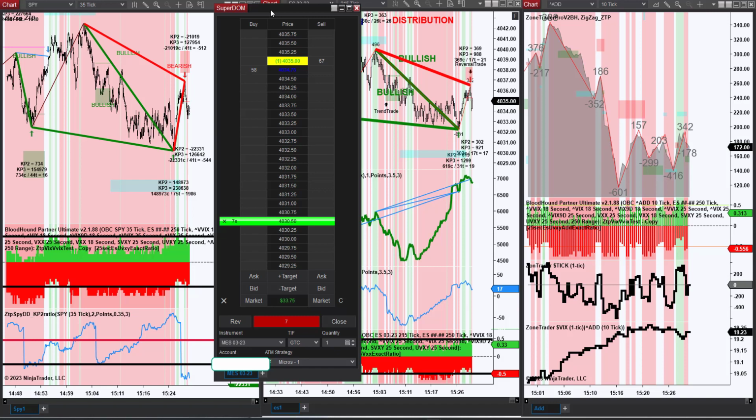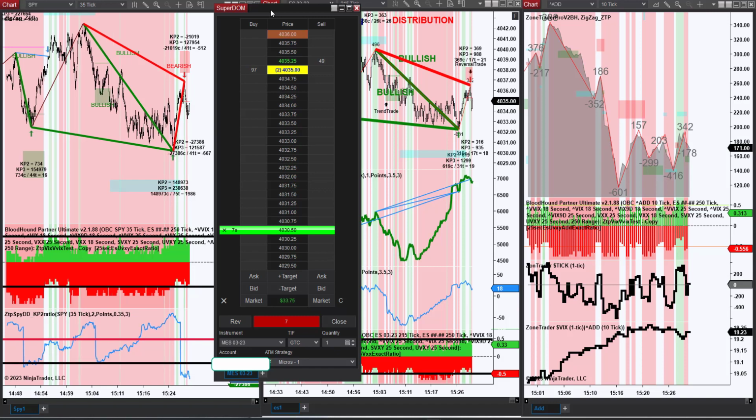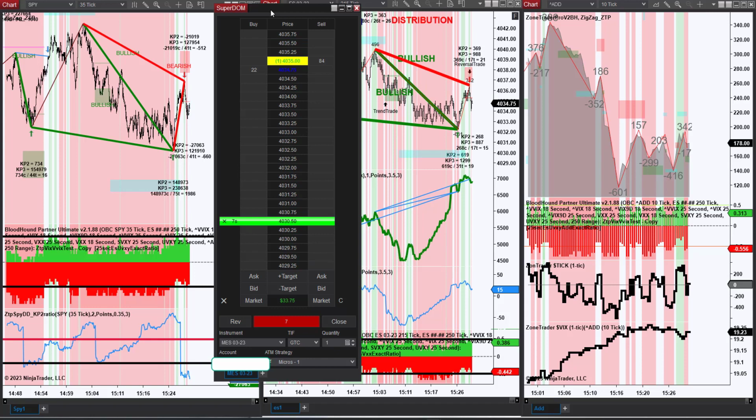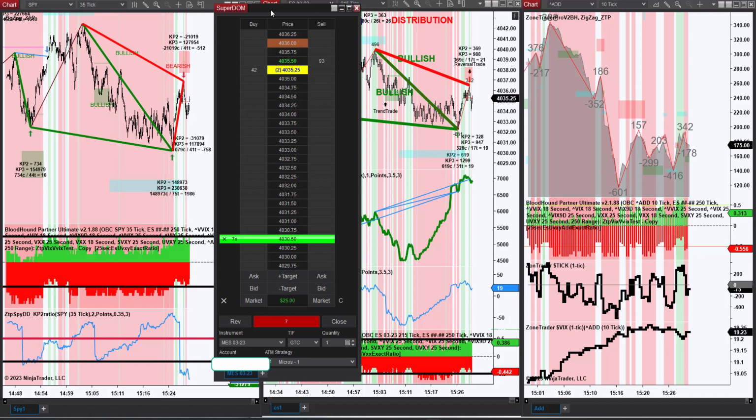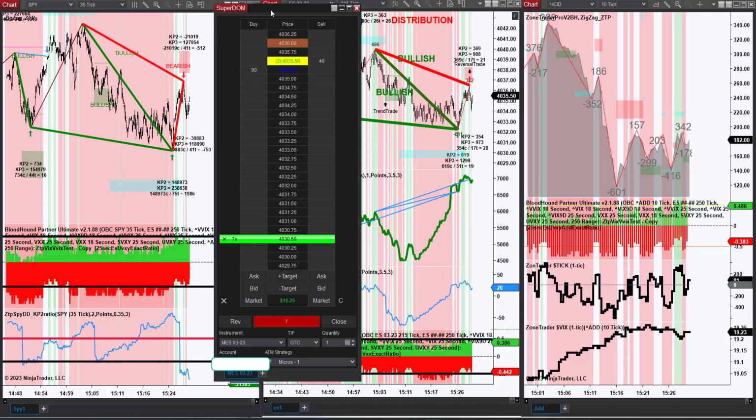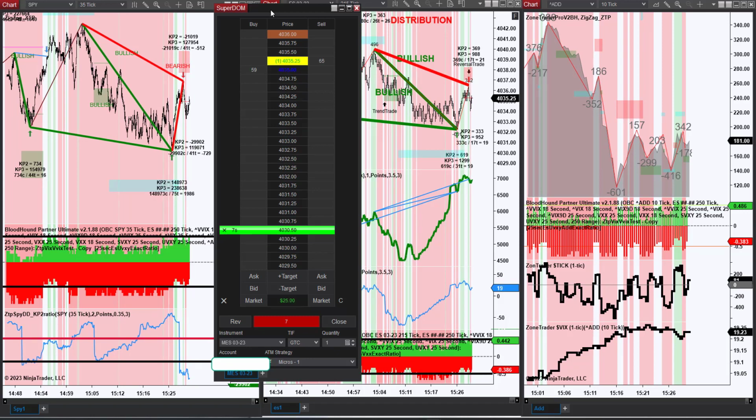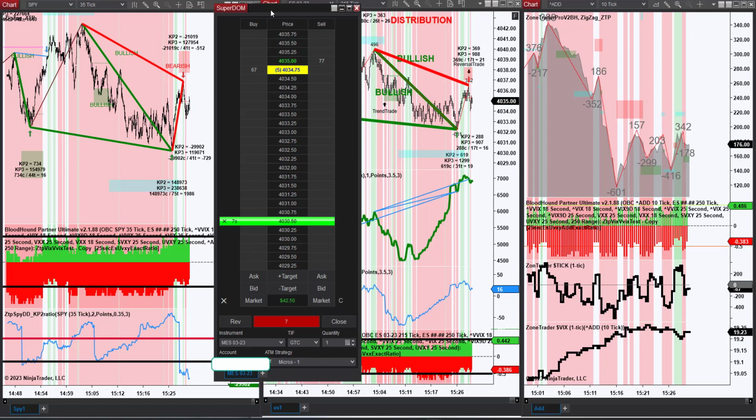There's almost 2,500 contracts bought on the delta in that consolidation period from 1511 to 1530, in that 20-minute consolidation. We do have the VIX ticking up now.